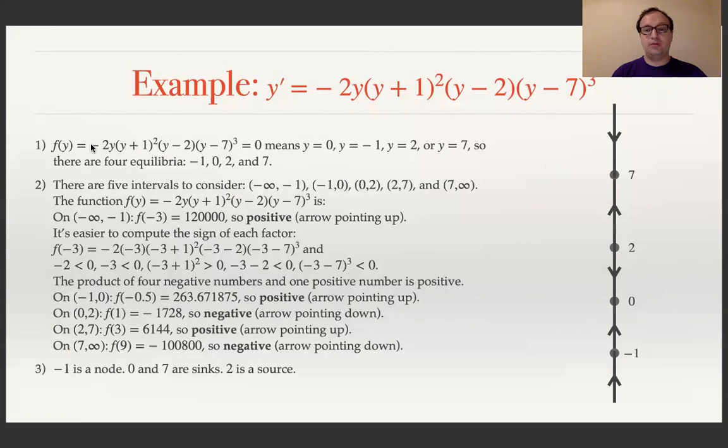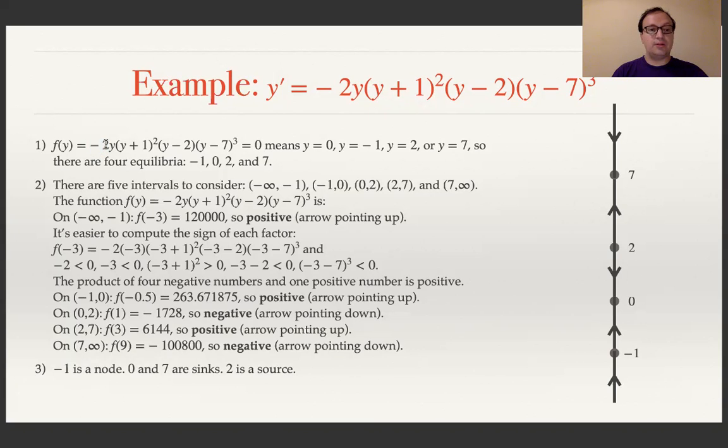So let's do the phase space analysis of this equation. The first step is again to find the equilibrium points. So we need to solve the equation minus 2y times (y plus 1) squared times (y minus 2) times (y minus 7) cubed is equal to 0. If this product is 0, then one of the factors must be 0.